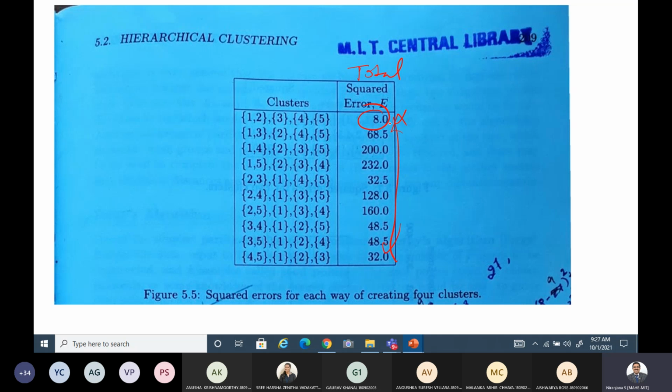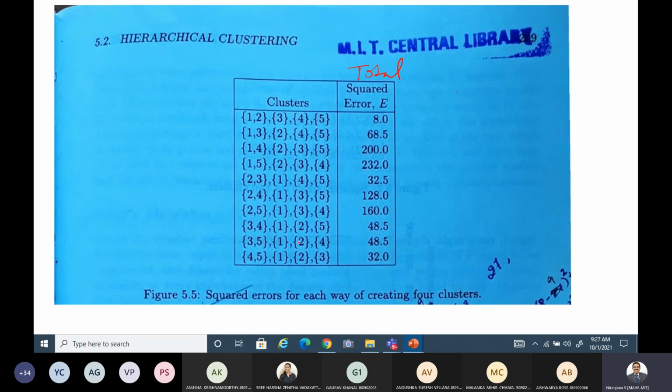Minimum is this, so that will be taken as the actual possible combination for getting 4 clusters. But once you calculate all these possibilities, only then can you find out the minimum. This is the minimum in the table, the least squared error value.